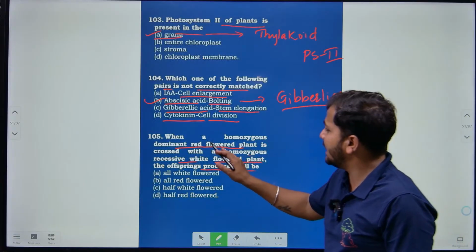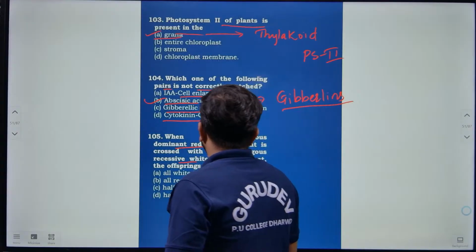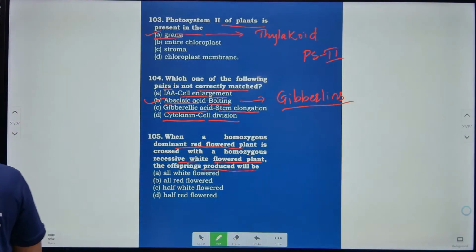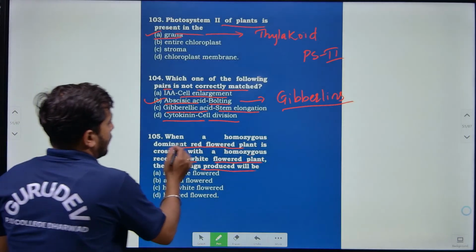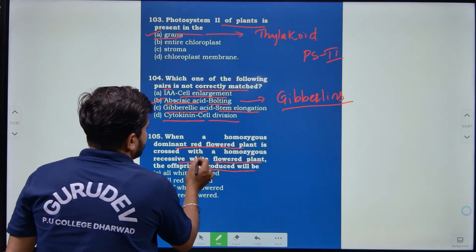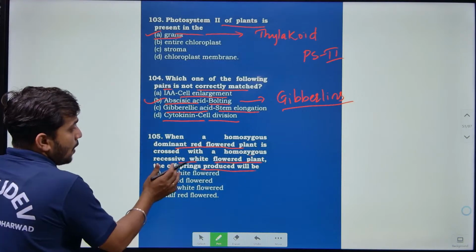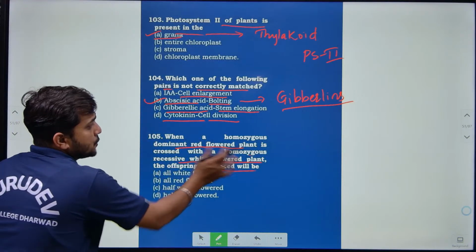So what they are saying, a homozygous dominant red flowered plant is crossed with a homozygous recessive white flowered plant, the offspring produced will be, right?